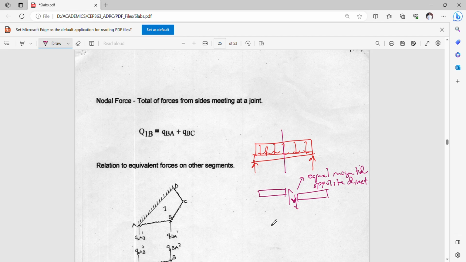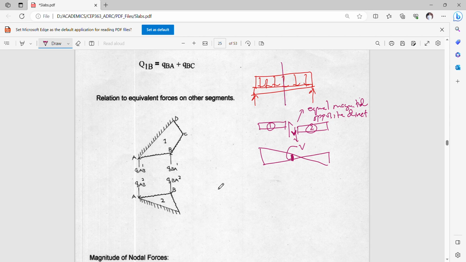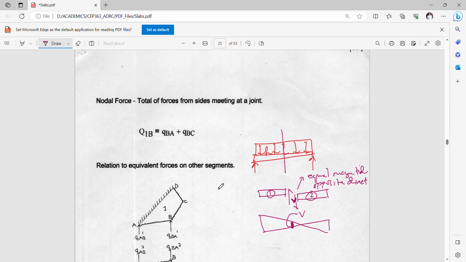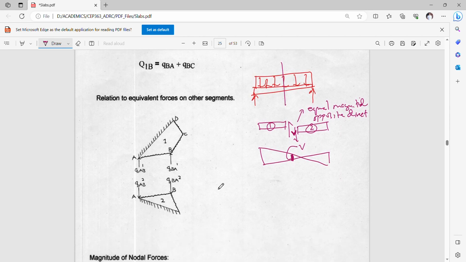So we know that the shear diagram here is simply something like this. Somewhere here is the shear force V that is defined in terms of segment 1 and segment 2 with equal magnitudes but opposite directions. The same is true of your relationship between elements 1 and 2.